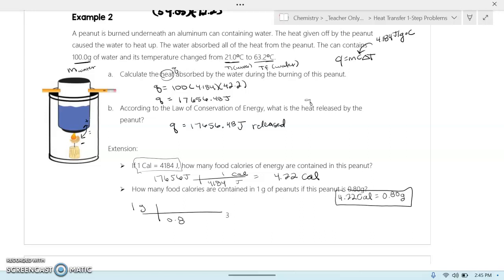Then we can do a little conversion here and find that in 1 gram of this sample, do the math, we've got 5.275. So there's our Calories per gram in this peanut.